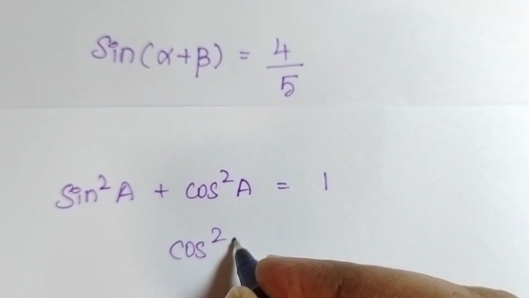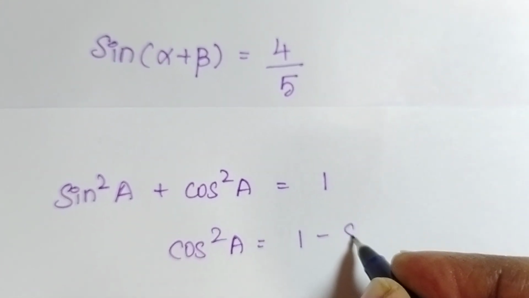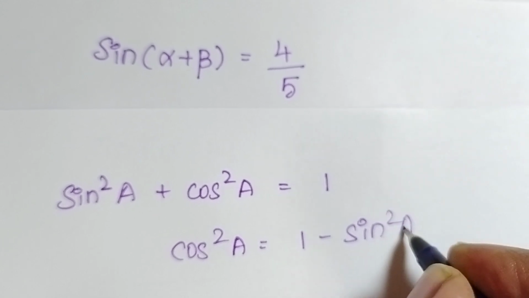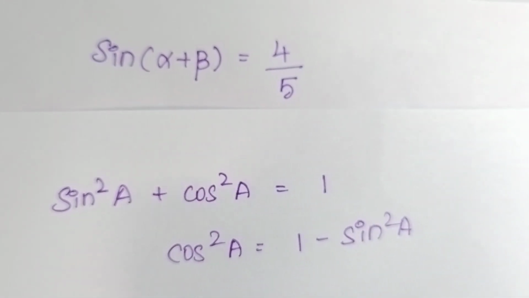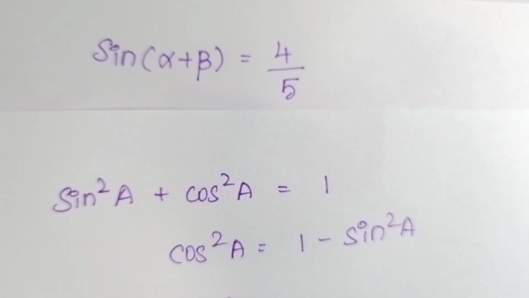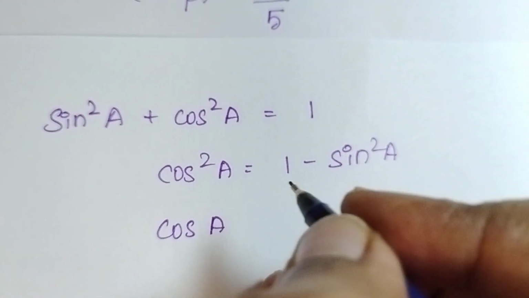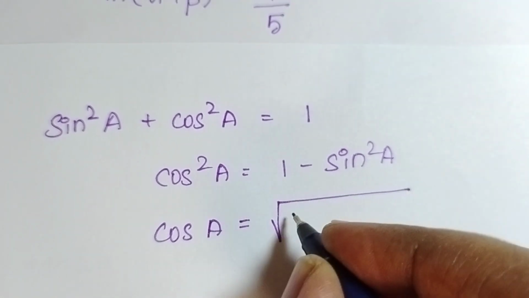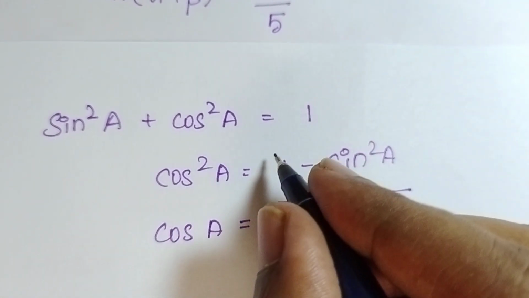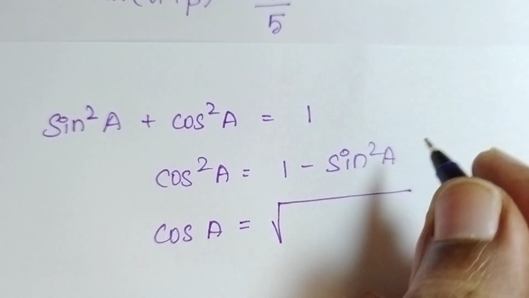So cos square A is equal to 1 minus sin square A. What we want is cos A alone, that is cos of alpha plus beta or cos of alpha minus beta. For that, to remove the square we need to take the root on both sides.